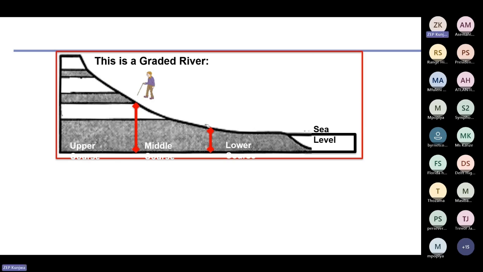If you can see it, there is no upliftment there. Now, this is graded. Graded means smooth. You see, it is smoother. It's graded. If you look at the upper course, the middle course, and the lower course, this is a side view of the river. It is graded there.